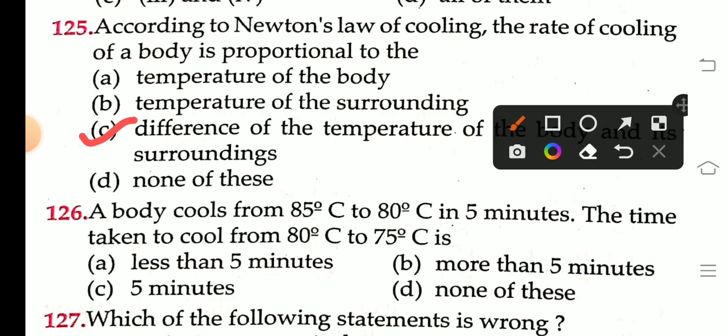Next, a body cools from 85 degrees Celsius to 80 degrees Celsius in 5 minutes. The time taken to cool from 80 degrees Celsius to 75 degrees Celsius is. Right answer will be option B, more than 5 minutes.